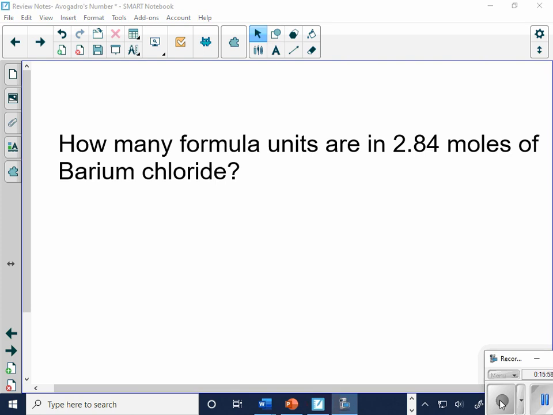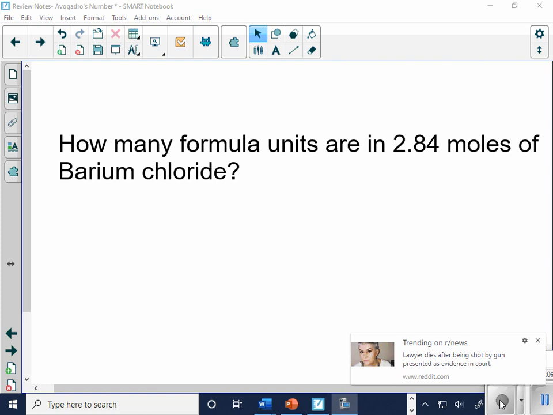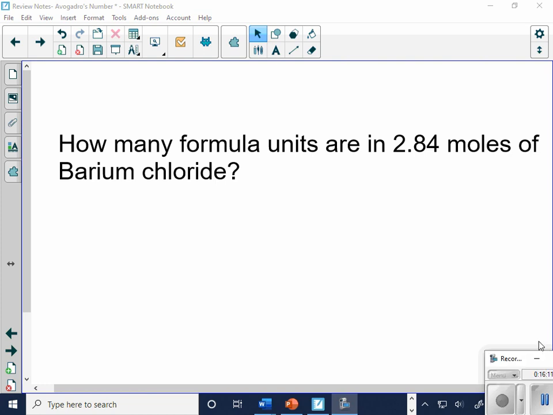Now, my problem states, how many formula units are in 2.84 moles of barium chloride? Well, I can see right now that I have formula units. So that tells me I'm dealing with ionic bonding. I can see that I have 2.84 moles of barium chloride.